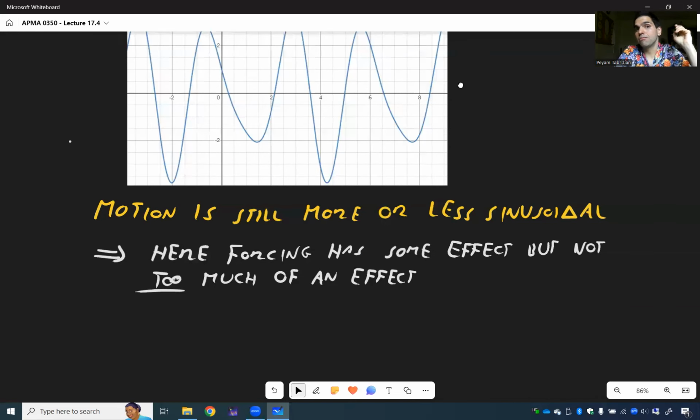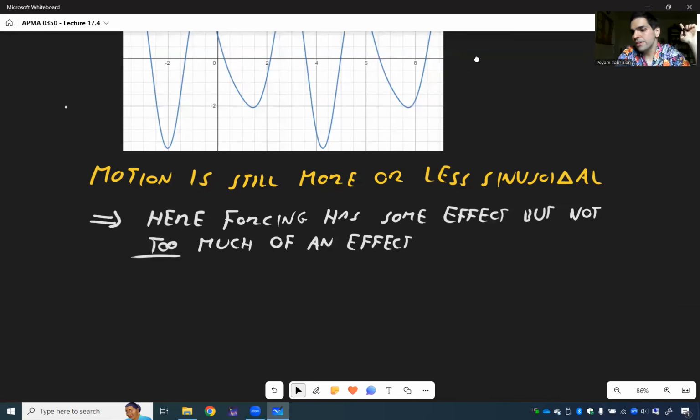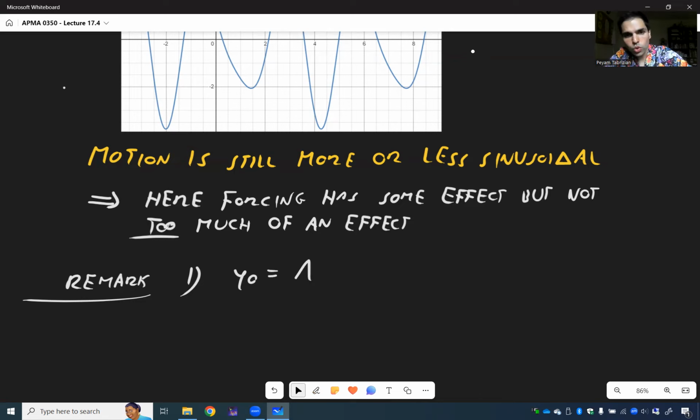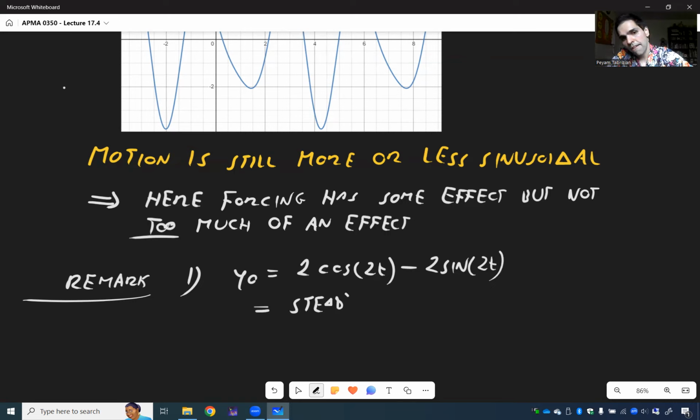And in fact, we can label this a little bit, so we can call these by names. Just a remark: first of all, the homogeneous solution in physics is sometimes called the steady state solution. So y is 2 cosine of 2t minus 2 sine of 2t. That is sometimes called the steady state solution, which is the solution without forcing.